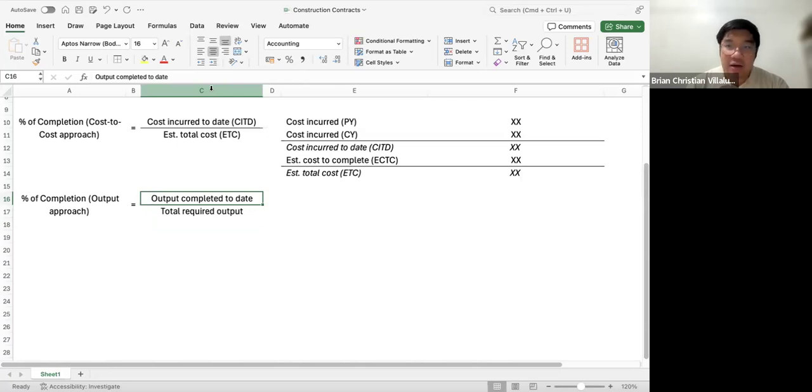So yung manner of computing the numerator and denominator of the percentage of completion under the output approach is very similar to your cost-to-cost approach also. Papalitan nyo lang yung basis. So, pwedeng number of floors, number of kilometers, etc. Nagkakaintindihan?